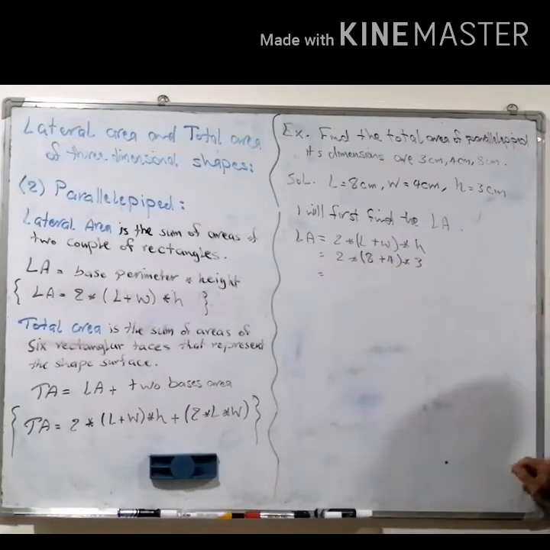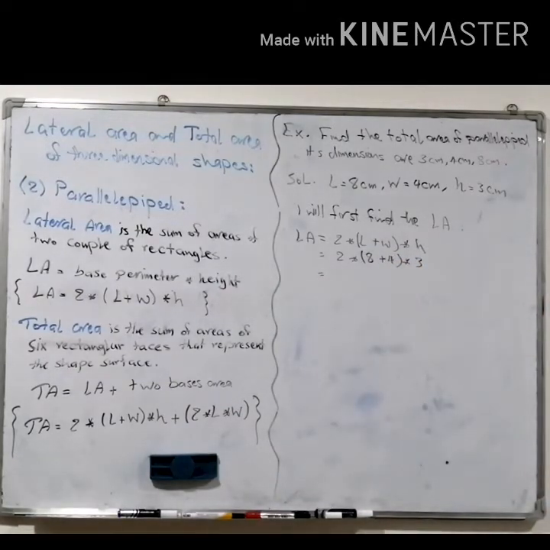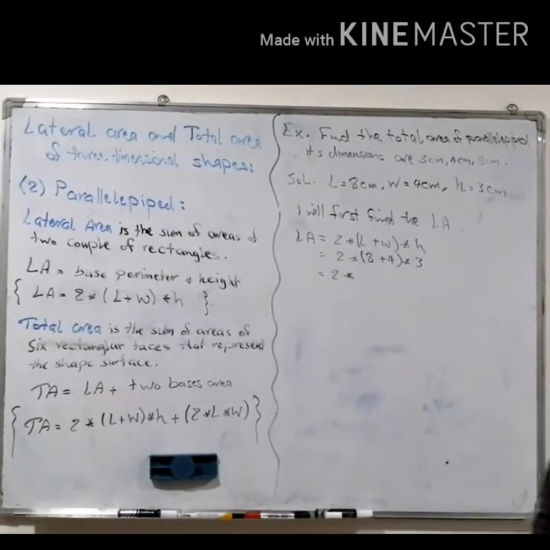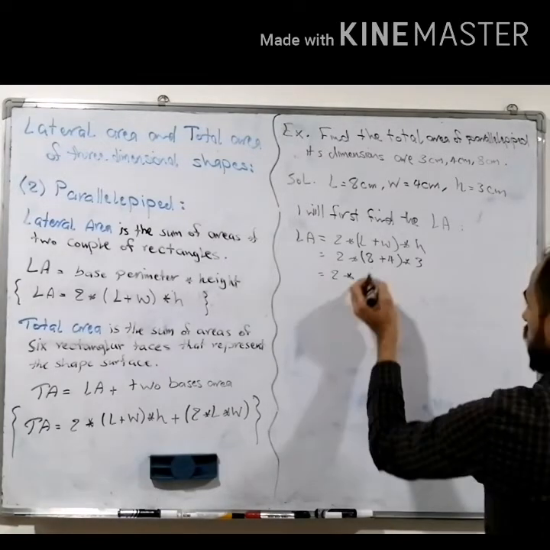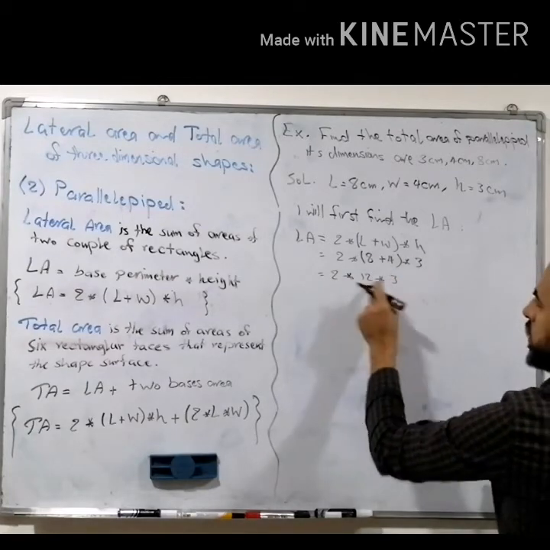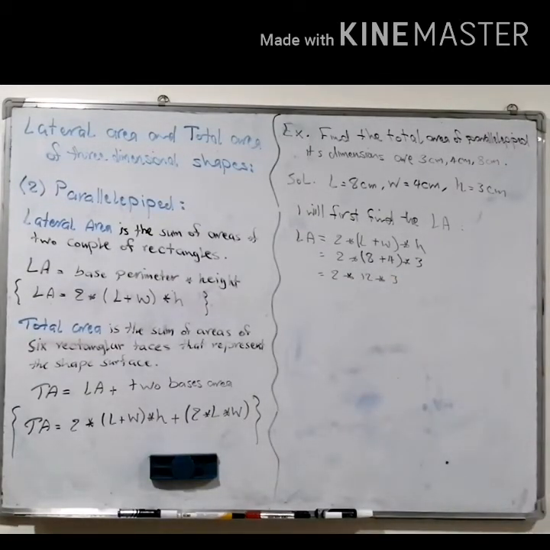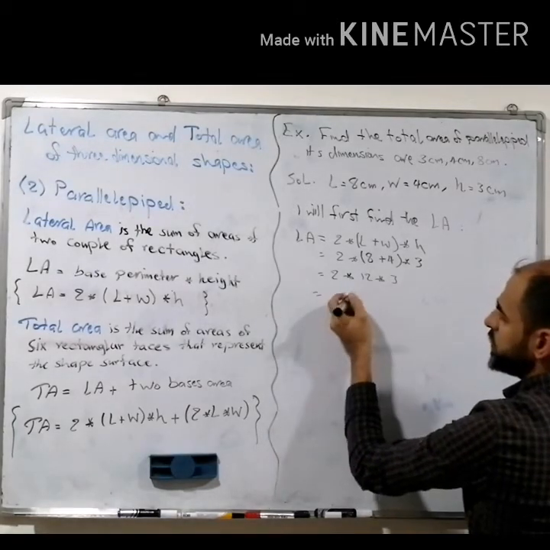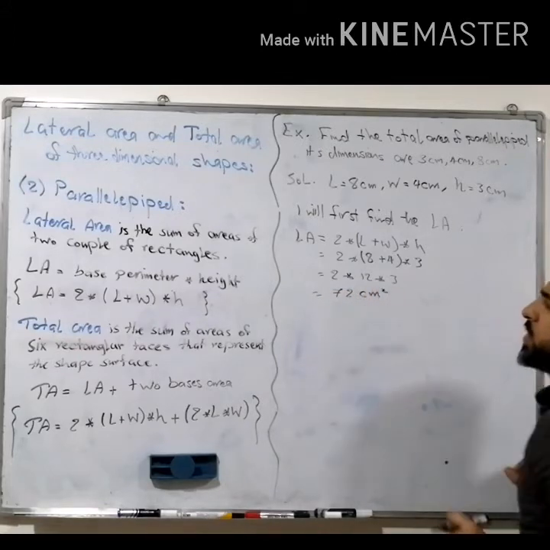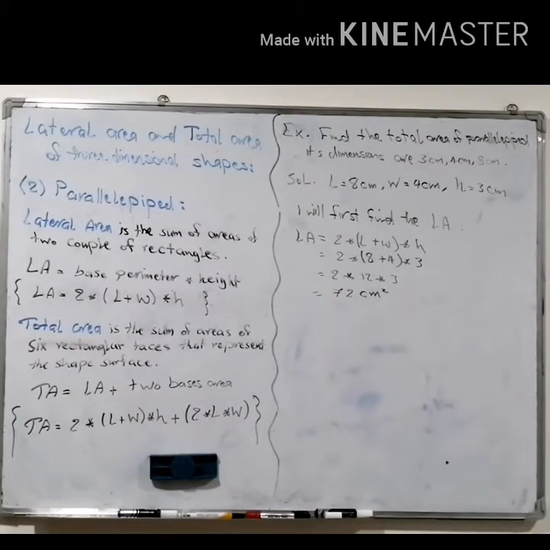Okay, 4 plus 8 is equal to 12, times 3. Now 2 by 3 is 6, and 6 multiplying by 12 will be 72 centimeters squared. That is the lateral area of this parallelepiped.